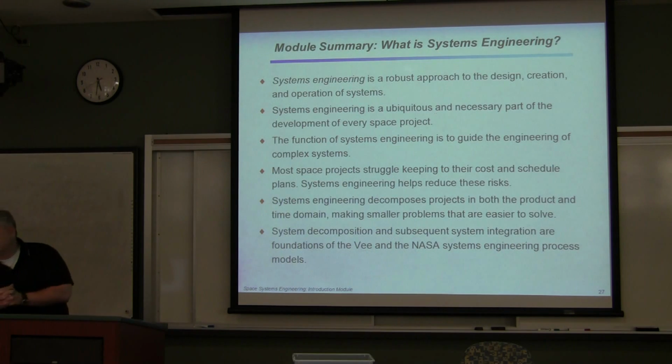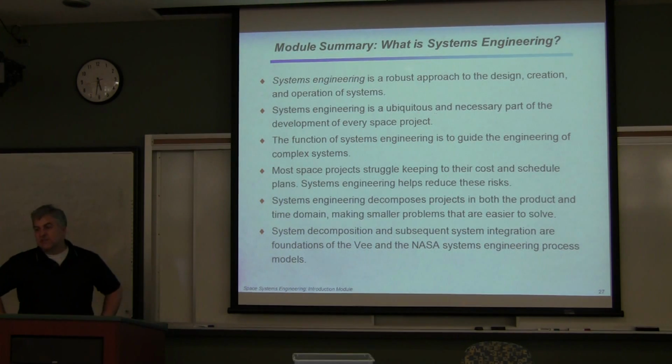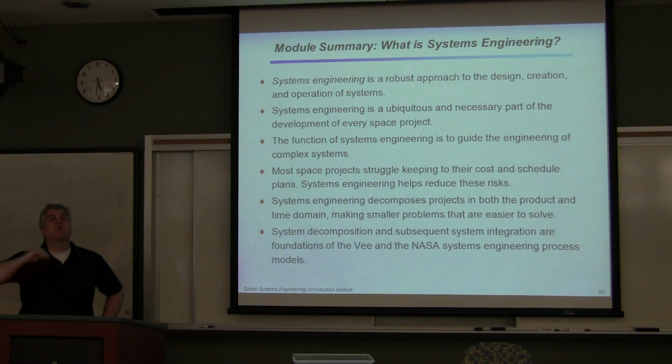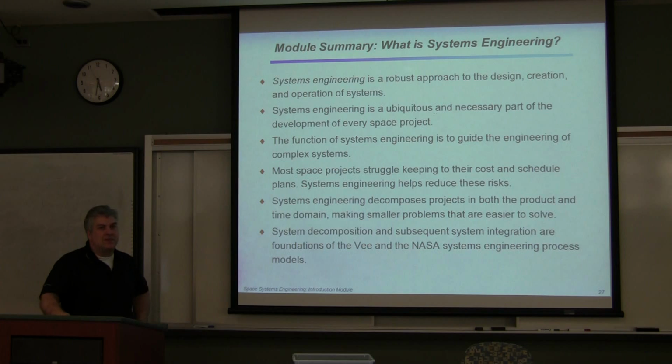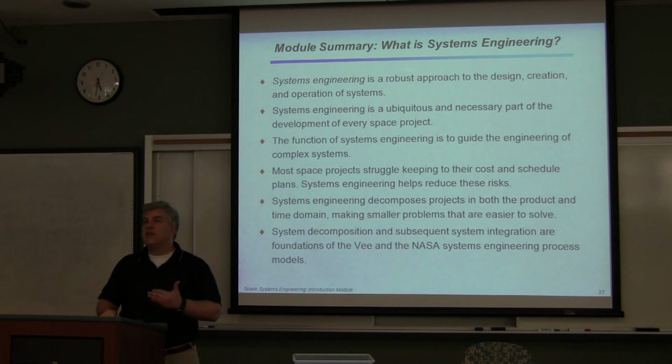So, summary. Systems engineering, it's a process, it's an approach. It is a way you should be looking at all the products that you do in the future. Systems engineering is something that's typically done in all of your projects, and a systems engineer, him or herself, is somebody who usually has good knowledge in at least one of the disciplines working.